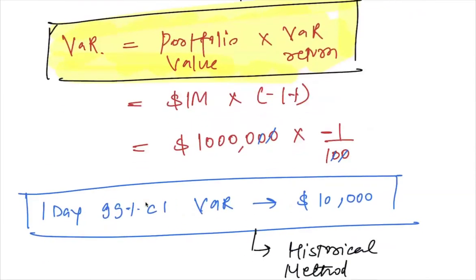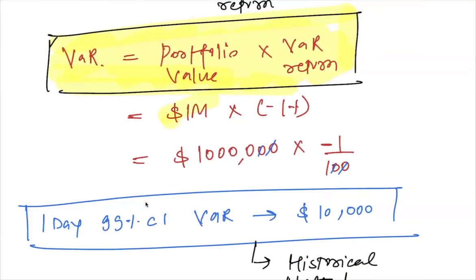Perfect. So I assume my portfolio size is $1 million, and my value at risk return at rank 3 was negative 1%. So now I have calculated that one day 99% confidence interval value at risk is $10,000.